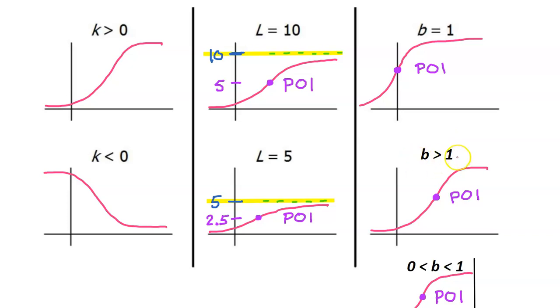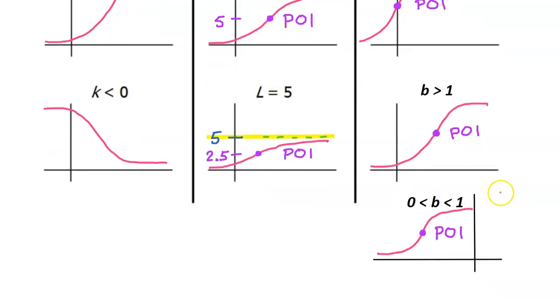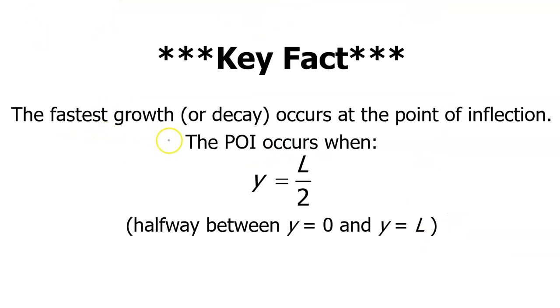If b is greater than 1, the point of inflection is shifted to the right. And if b is between 0 and 1, like say 2/3, then the point of inflection is shifted to the left. Notice you can't have a negative b value. We also learned that the fastest growth, or decay, occurs at the point of inflection.